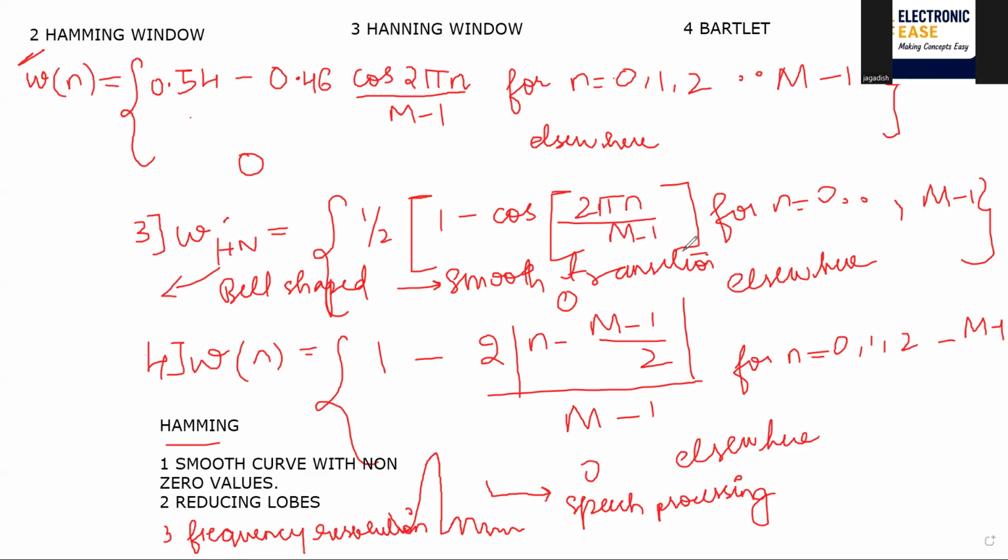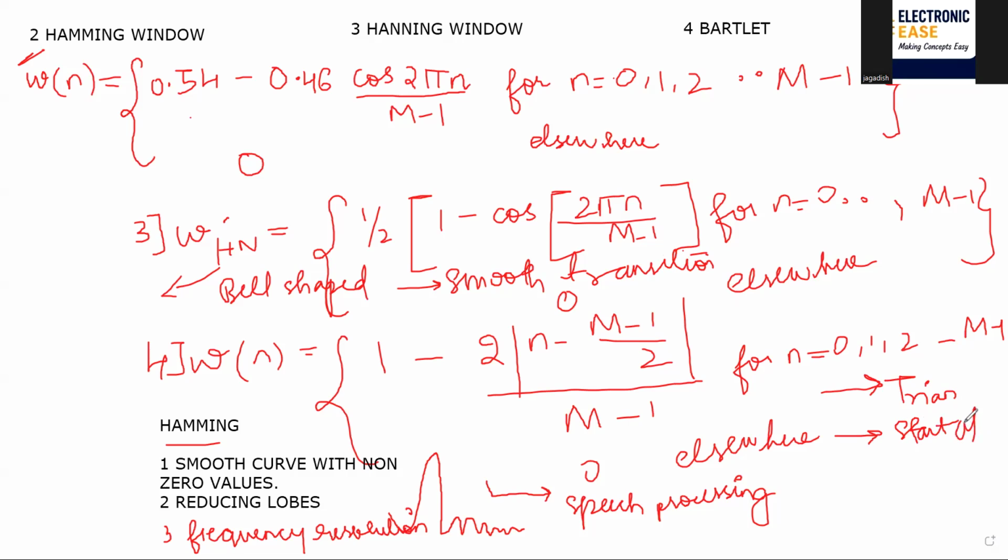The next one is the Bartlett window. The Bartlett window will be triangular in shape, and it will start at zero and end at zero.